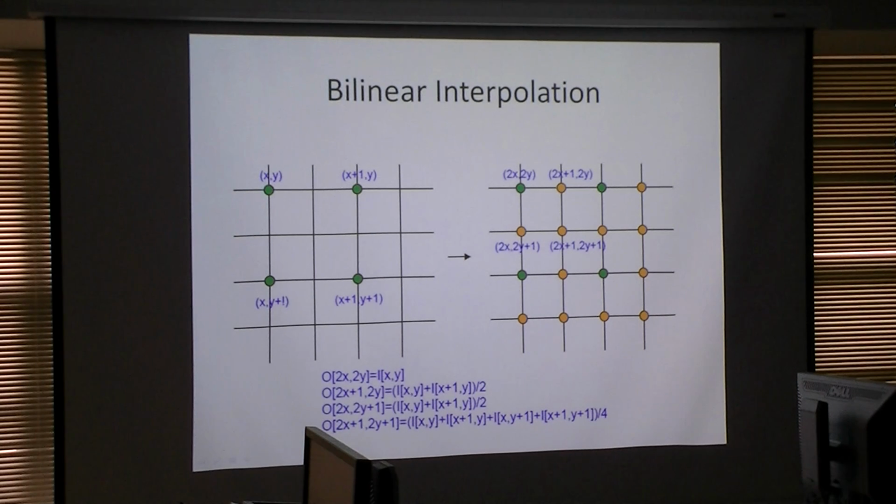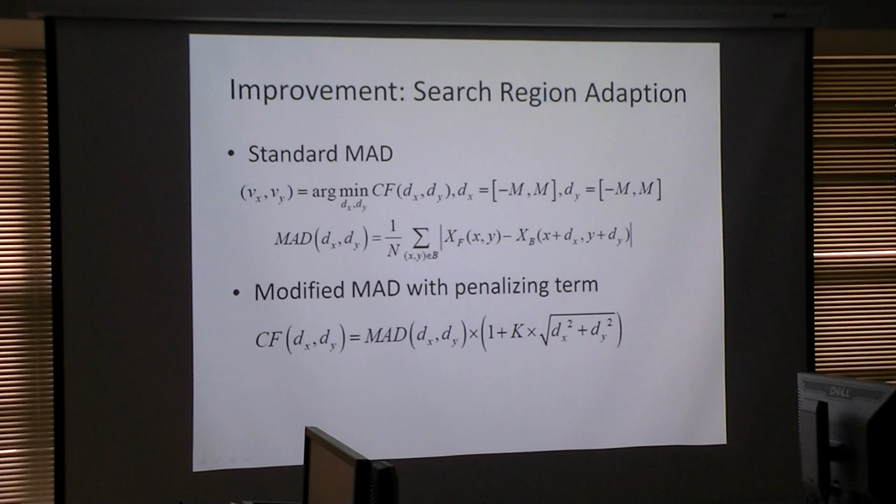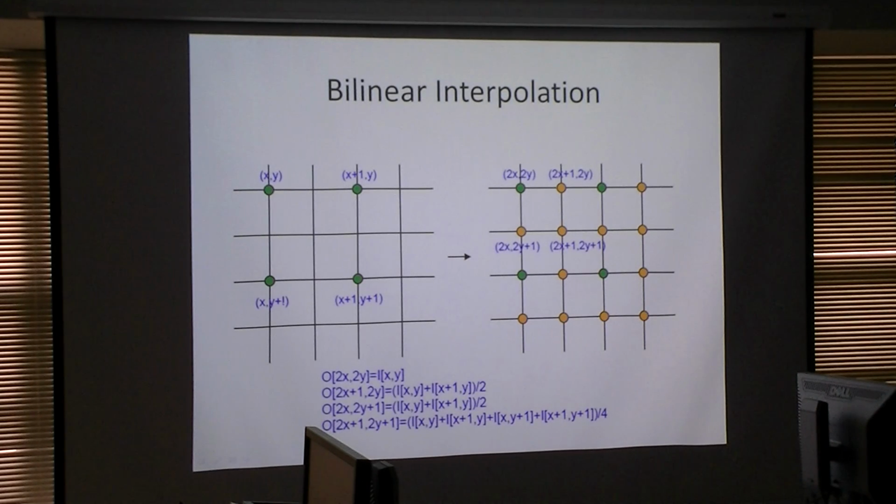We just take an average of the adjacent pixels. Then we can upsample the image from a small size to a larger size. And then we can use the same algorithm to search the motion in the half pixel procedure.